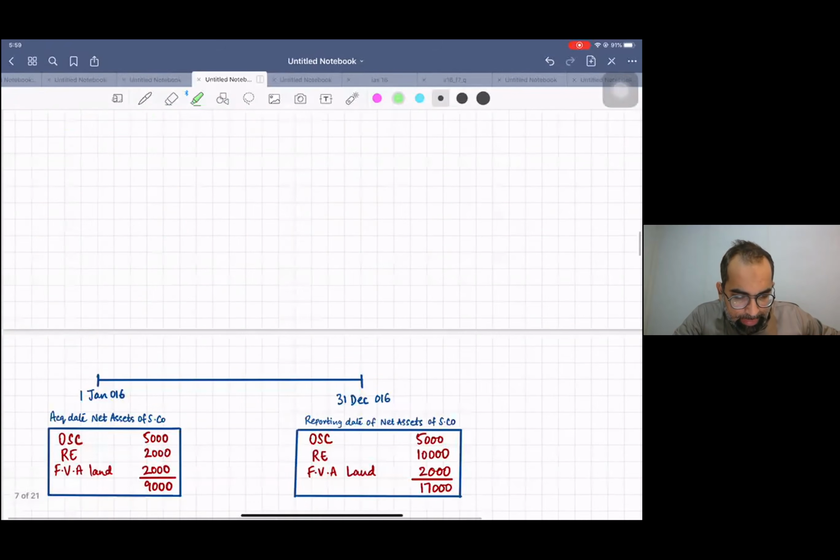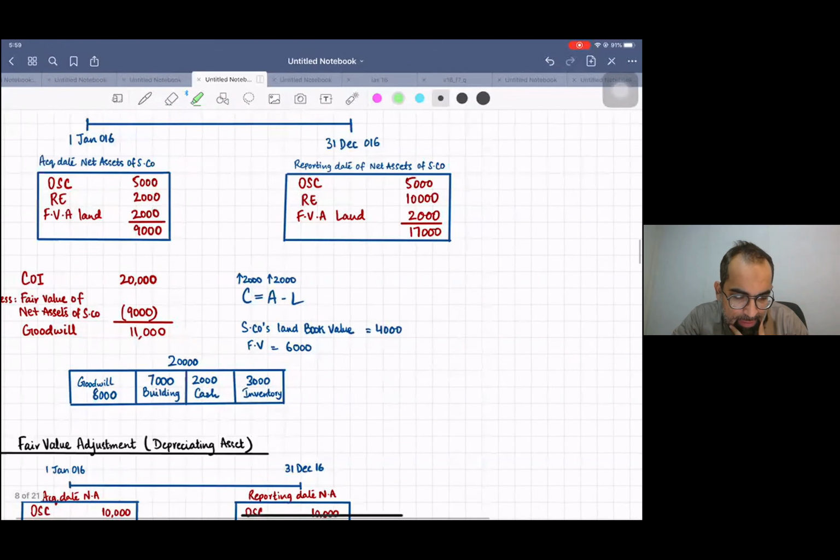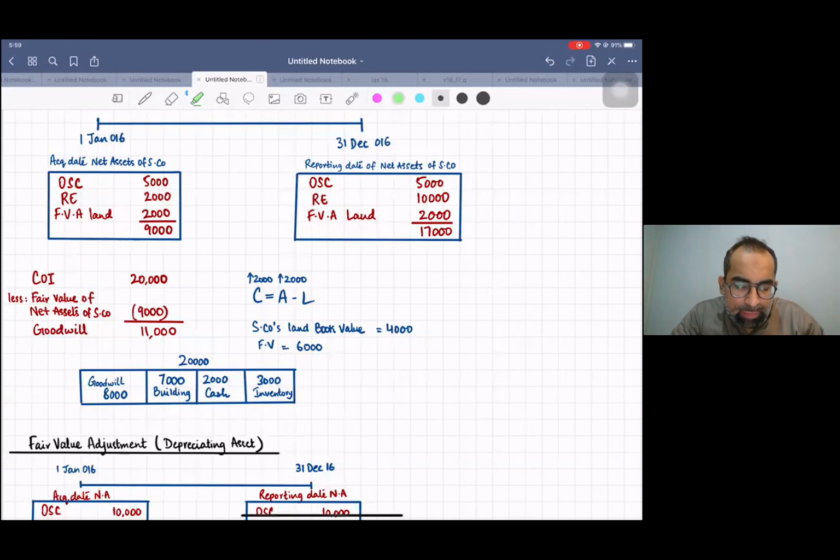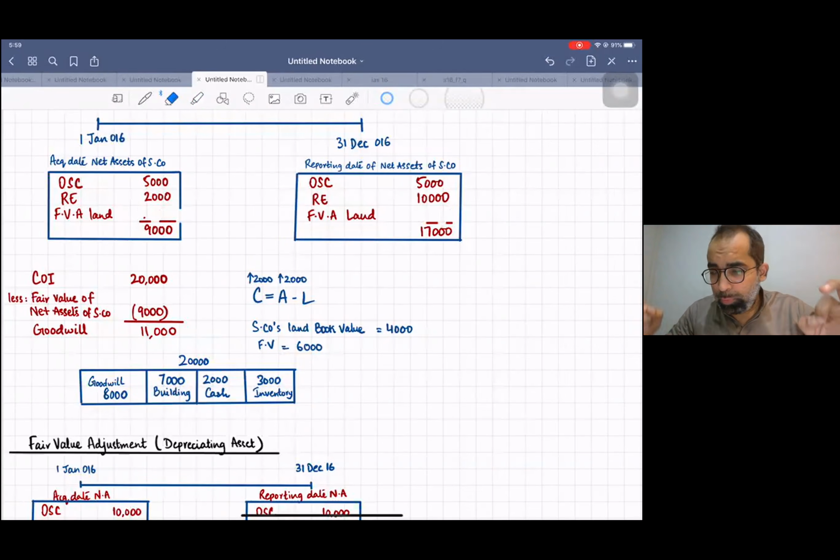Now let's move to one more topic, and that is fair value adjustment. As we all know, the formula for goodwill calculation is cost of investment, assuming the holding is 100%.